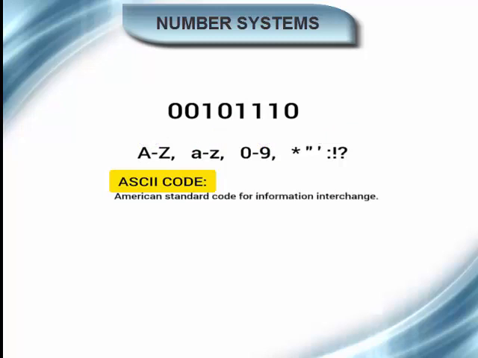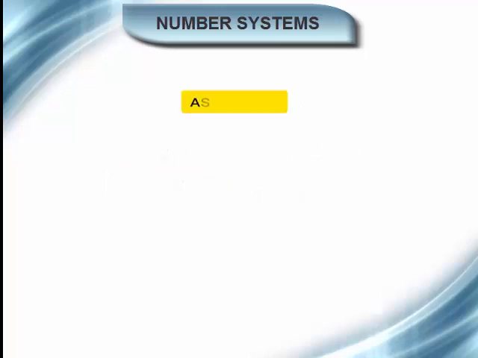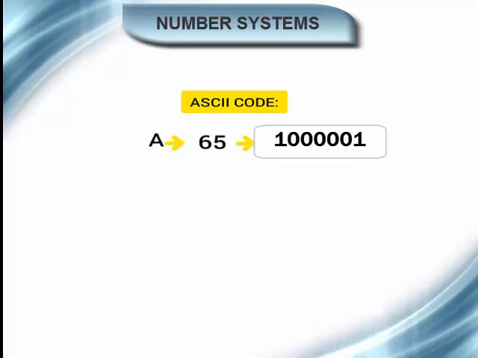ASCII stands for American Standard Code for Information Interchange, and it is a character encoding standard. When a user types any character, there is an ASCII code for that particular character. This ASCII code is converted into a specific pattern of zeros and ones, and this pattern of bits is understandable by a computer system.